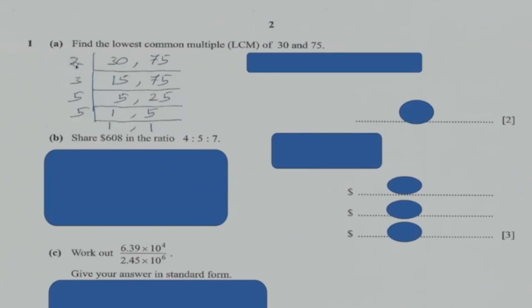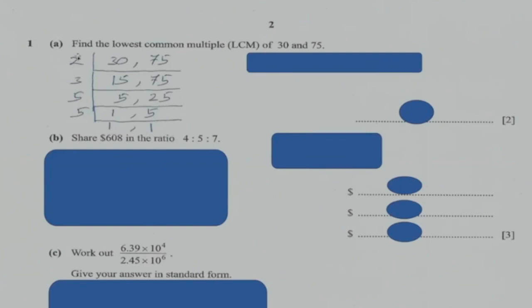So we take 2, then 30 divided by 2 is 15, and 75 is not divisible. Then the next number, 3: 3 times 5 and 3 times 25. Then 5 times 1, 5 times 5. Again take 5, and it goes until 1, 1.